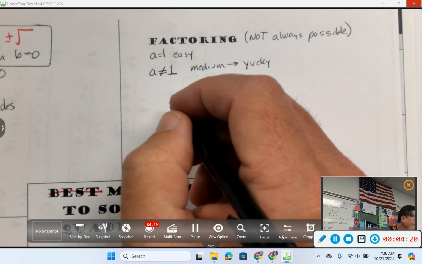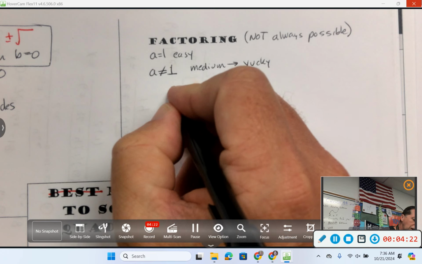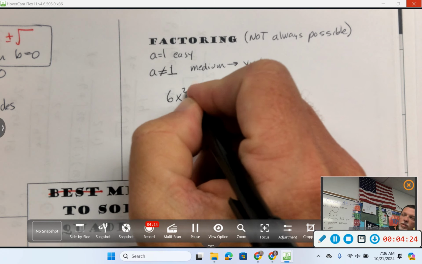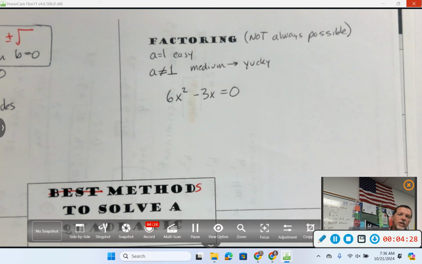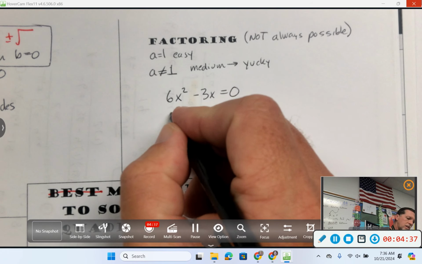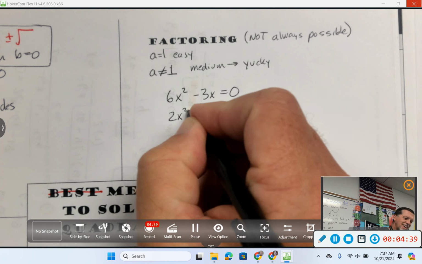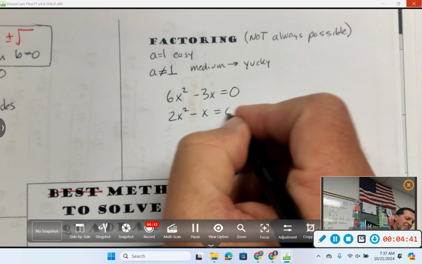So we should do a couple of easy examples here. Here's one that people like to miss. 6x squared minus 3x equals 0. How would you like to reduce? Divide by 3. 2x squared minus x equals 0.